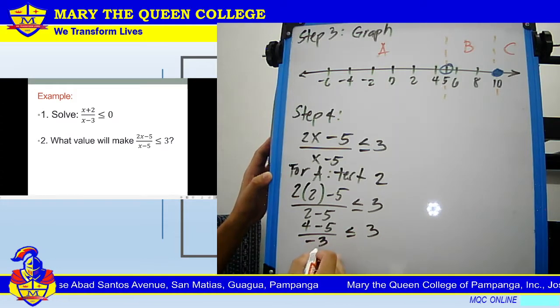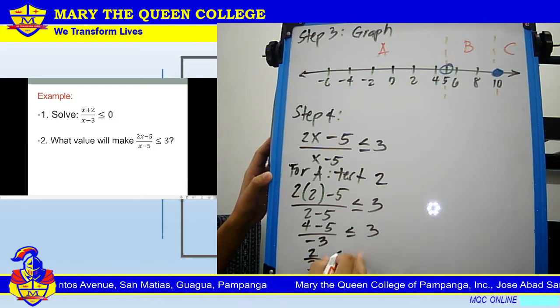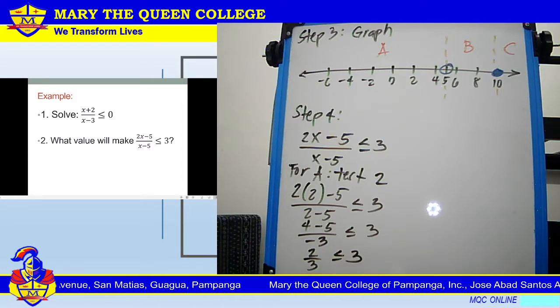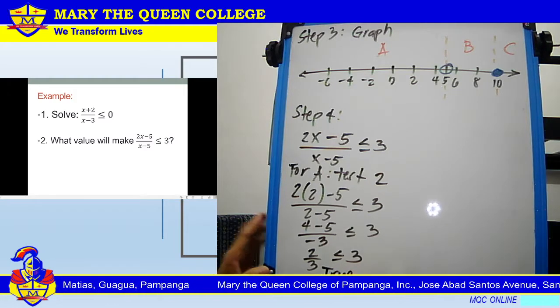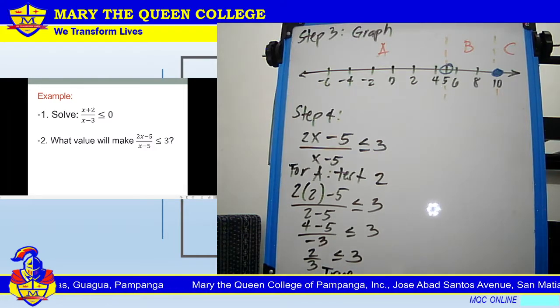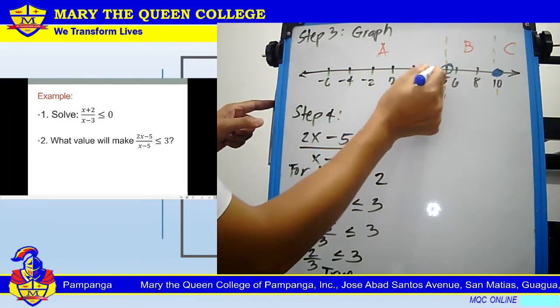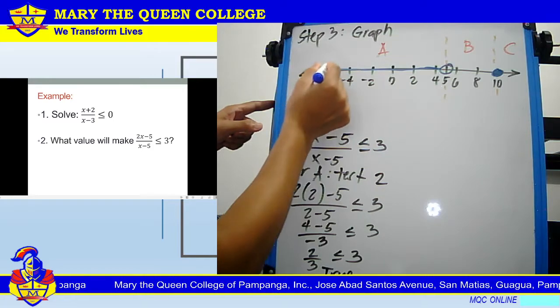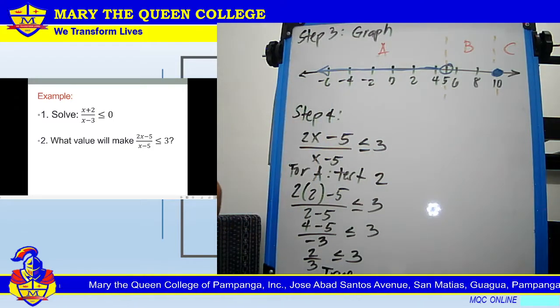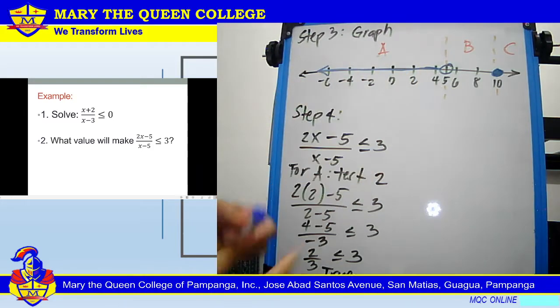So we have 2 over 3 is less than or equal to 3. Okay? So if this is a true statement, meaning to say, our interval, since 2 is located here, is part of the solution. Okay? So we will highlight the graph.